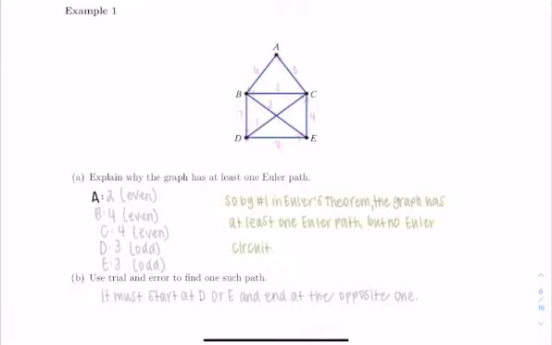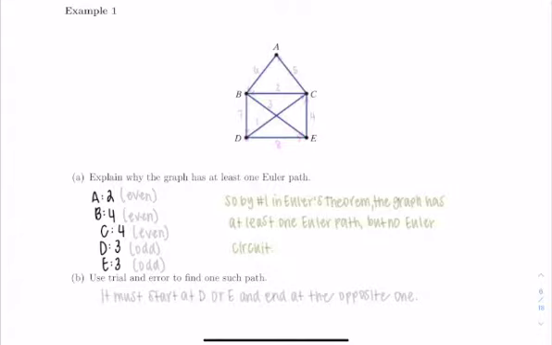A has two edges, which means this is degree 2. B has 4 edges, so that's degree 4. C has 4 edges, so we have degree 4. D has 3 edges, and E has 3 edges.